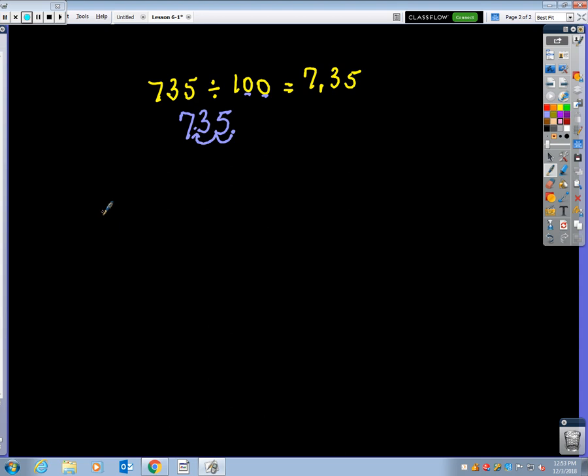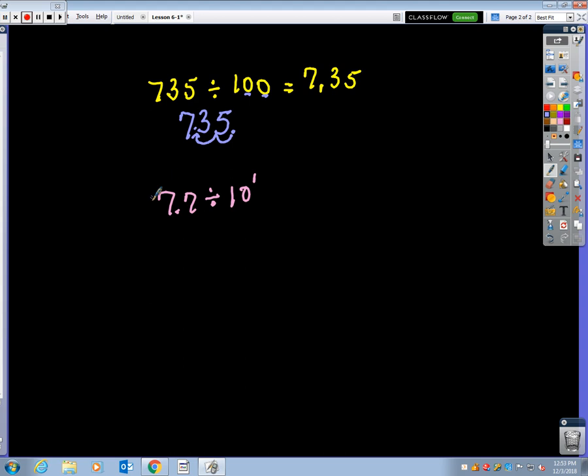Let's do another one. In your notebook, you are going to write this problem. Let's do 7.7 divided by 10 to the first power.